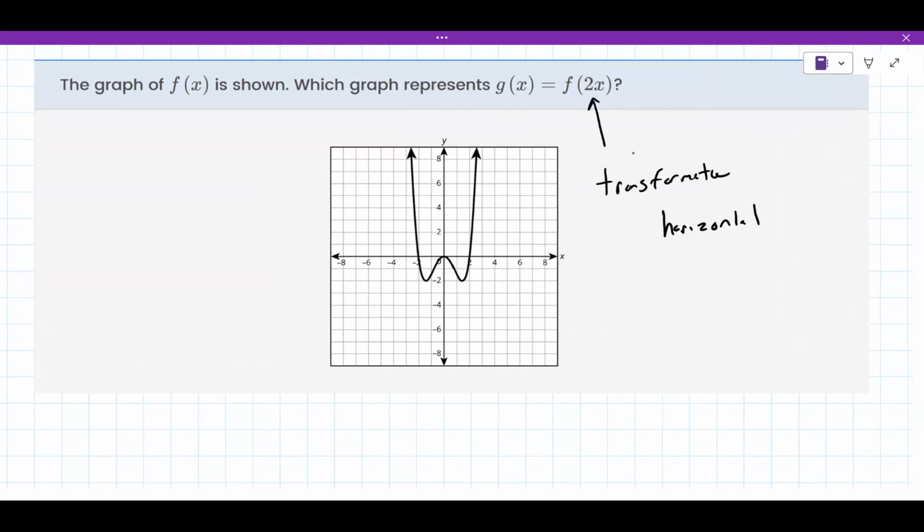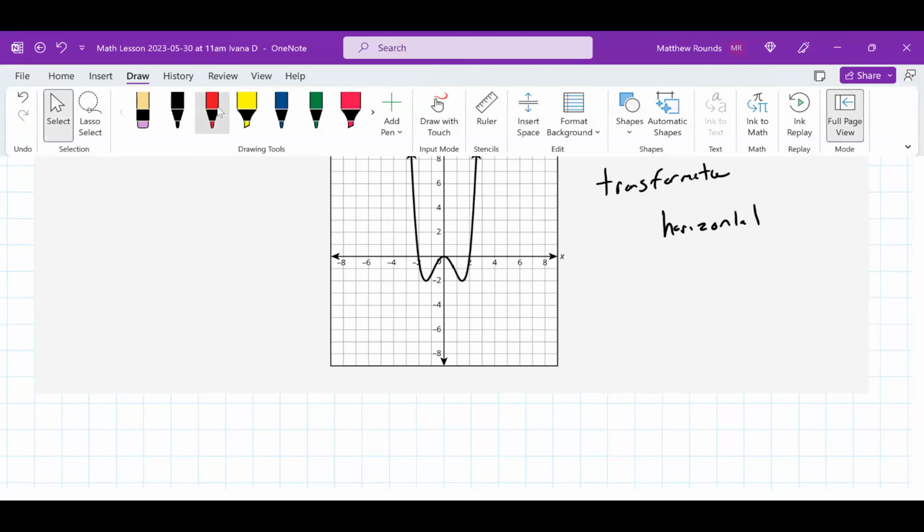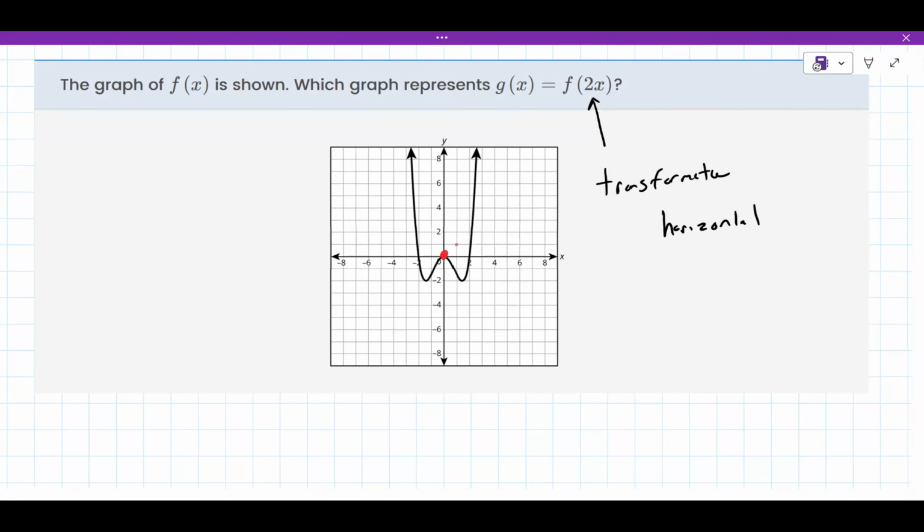But we can do this with some ordered pairs. I know it's a little bit hard to see. These aren't going to work out that way. That's okay. Sometimes they don't give you very good values to work with. So let's see here. We got negative 2, 0, 0, 0, and 2, 0. Okay. So we're going to now transform these.